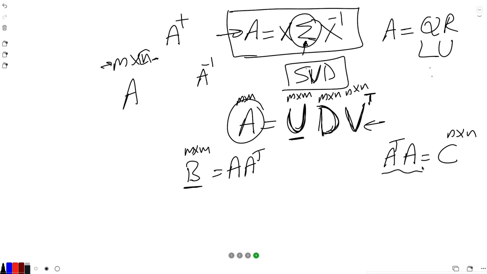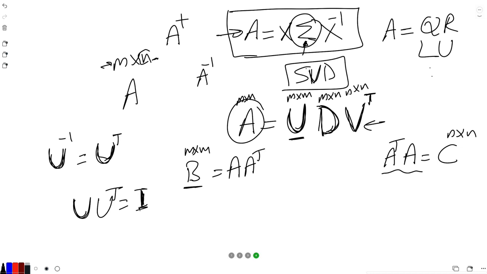There is one interesting thing here: when you have a symmetric matrix, its eigenvectors will be orthonormal. What is the meaning of orthonormal? It means that for this matrix U, the inverse of the matrix is the same as the transpose, which means that U times U transpose equals the identity matrix.